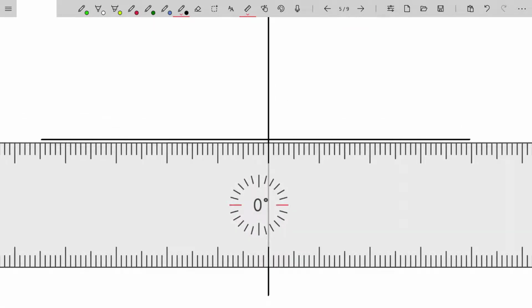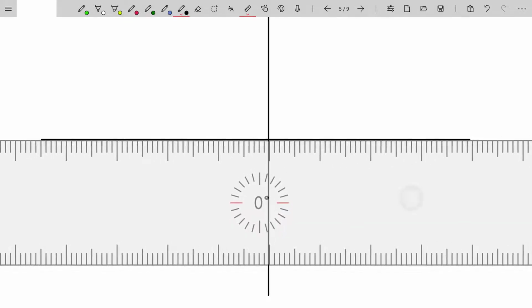So let me just align those up here, 1, 2, 3, 4. I'm going to use red for my foci, by the way. 1, 2, 3, 4, 0, and 1, 2, 3, negative 4, 0. And then 5 and negative 5, 0 were where our vertices were.